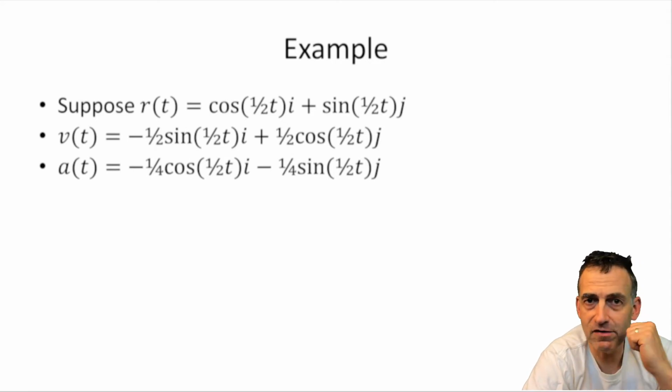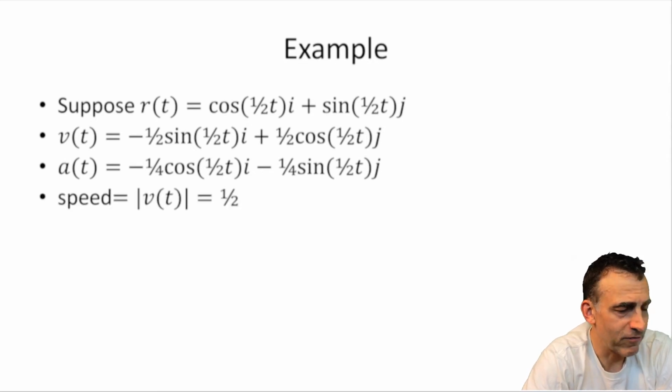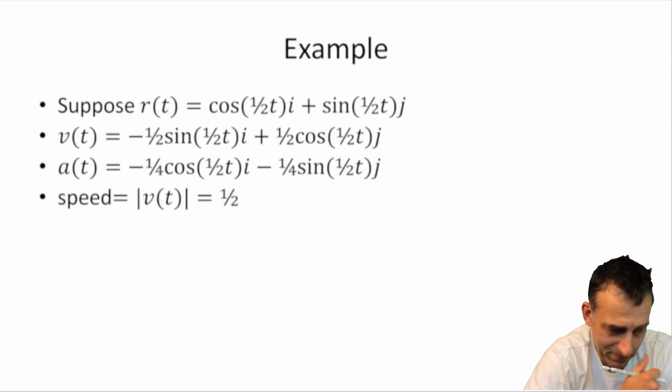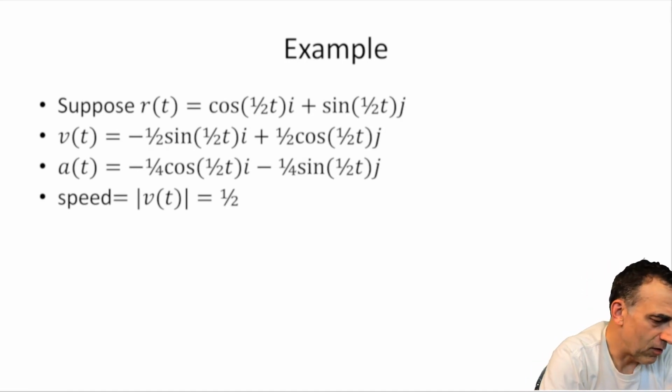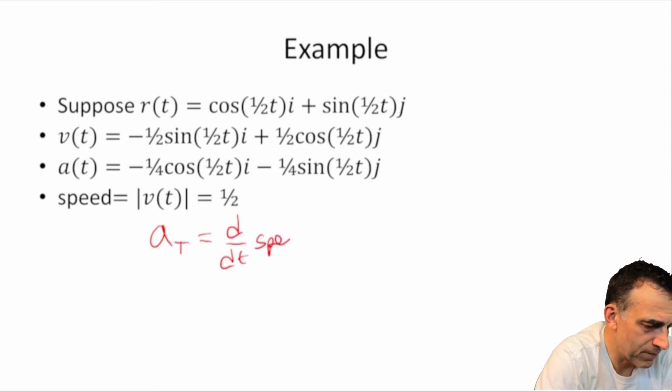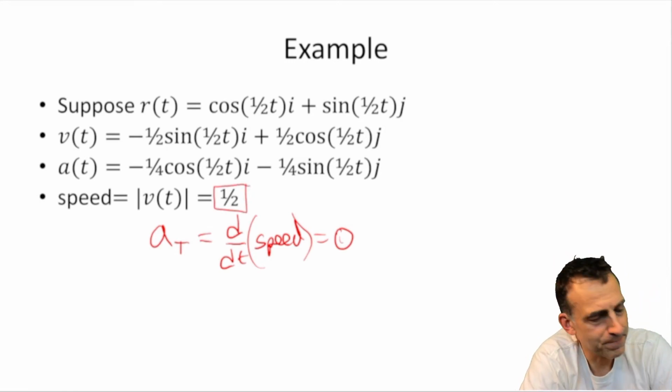Once again, relatively simple. Now, to find the normal and tangential components of acceleration, we first come up with the speed, and then do the derivative of the speed. So the tangential component of acceleration is the derivative of speed, which in this case is just 0, because notice that the speed is constant.